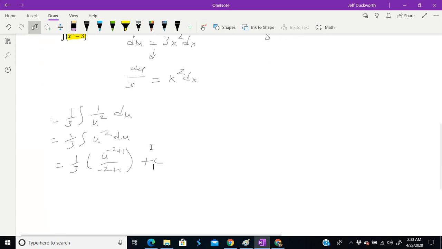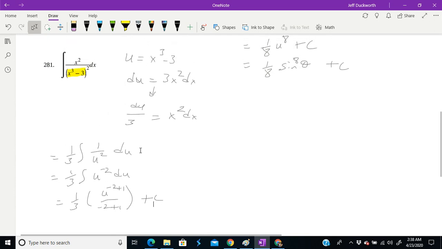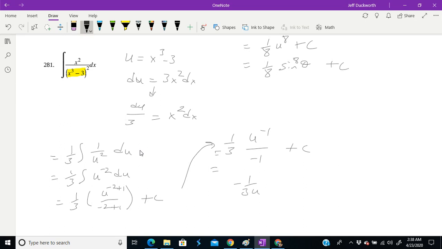I'm just going to write it over here. So that's 1/3 u to the negative 1 over negative 1. And this equals negative 1 over 3u plus c.